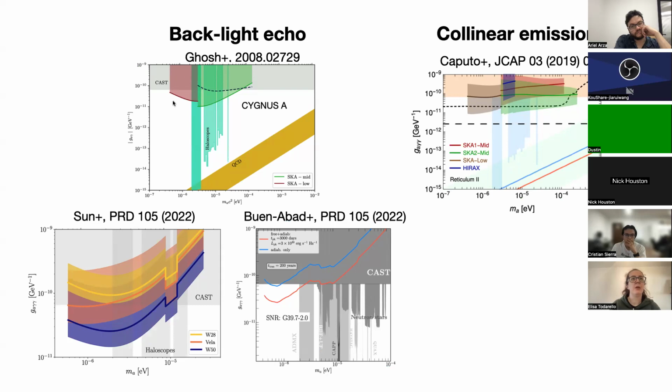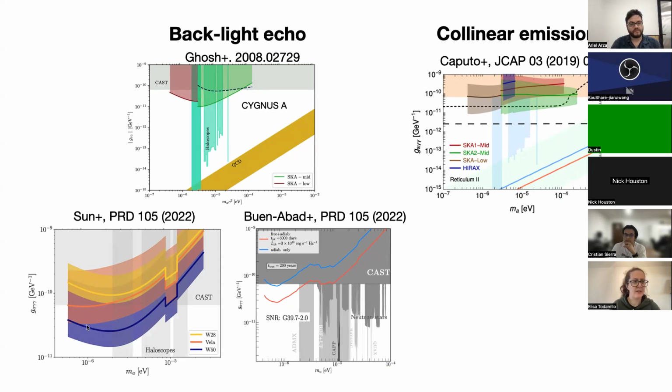Then there was this one, looking at the backlight echo from the radio galaxy Cygnus A, also forecast with SKA. And here we have two forecasts instead with FAST. These are echoes from supernova remnants.